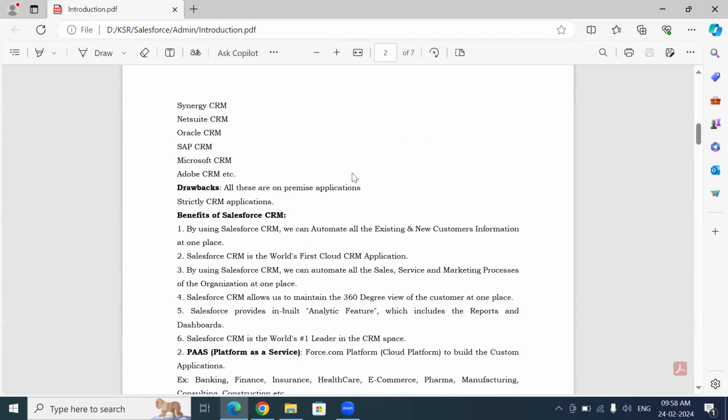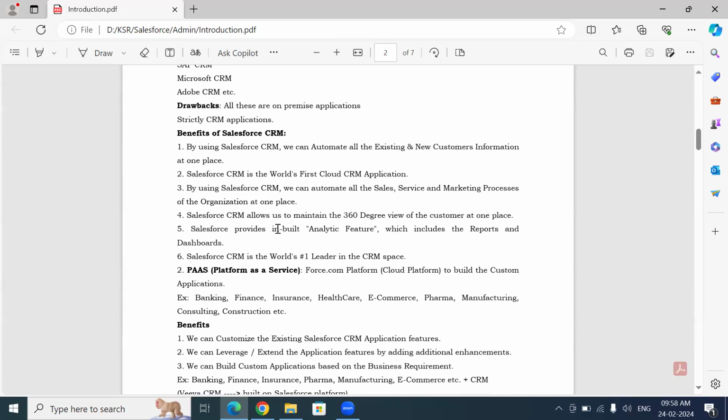Next, the second one is platform as a service. As part of this cloud computing model, they are providing a platform called the force.com platform. This force.com platform offers two programming languages: one is Apex and the other one is Visualforce programming. Nowadays we are using Lightning Web Components instead of that.